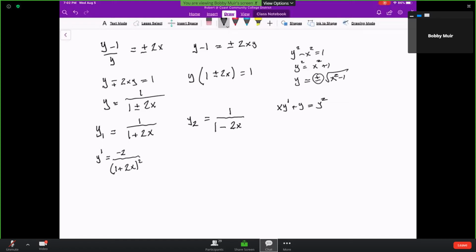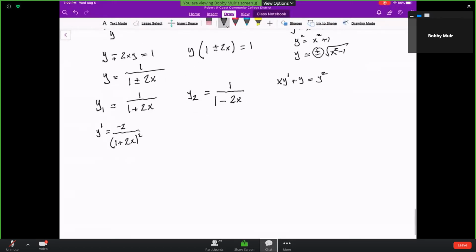And so if I was to take x times y1 prime, x y1 prime is going to be negative 2x over (1 plus 2x) squared.